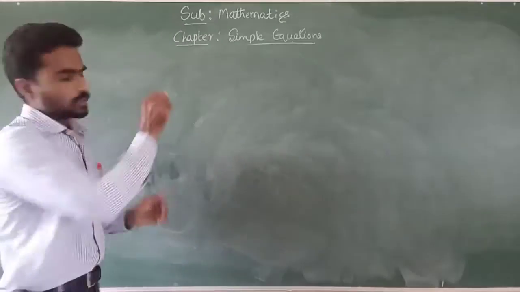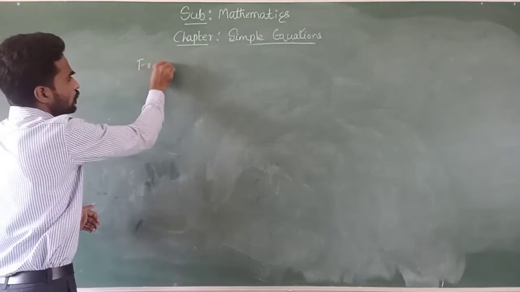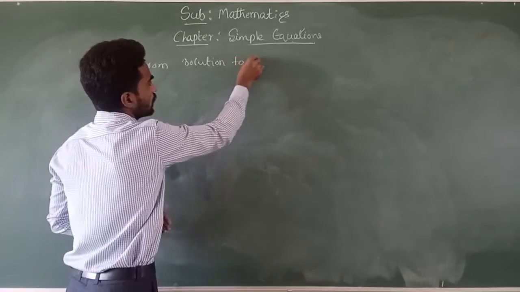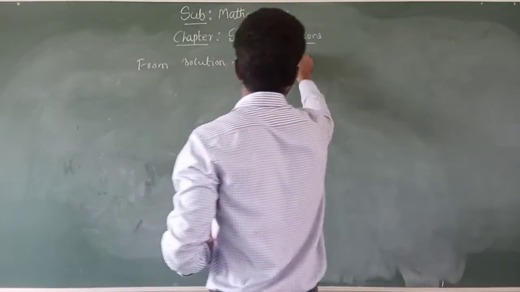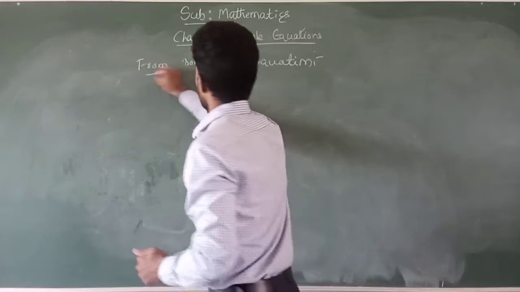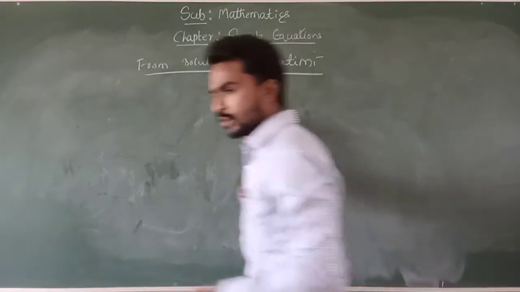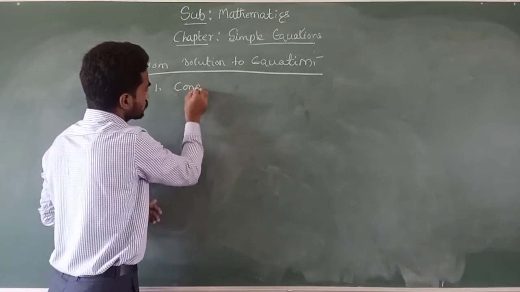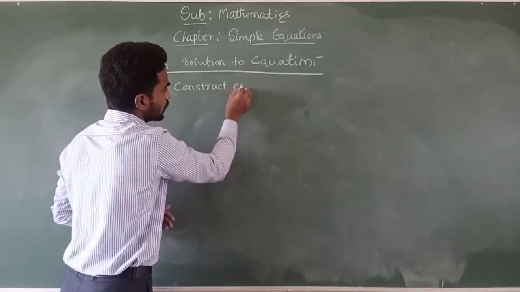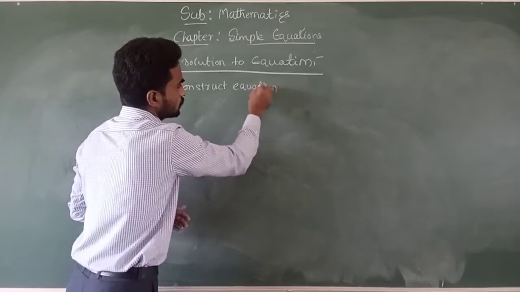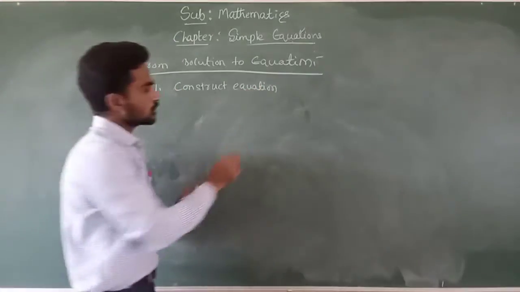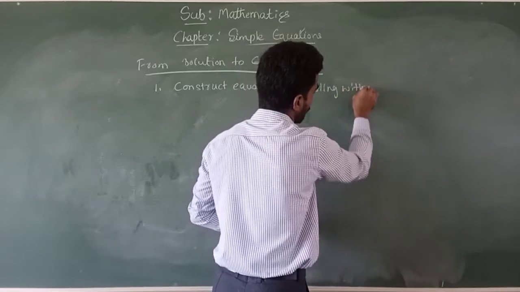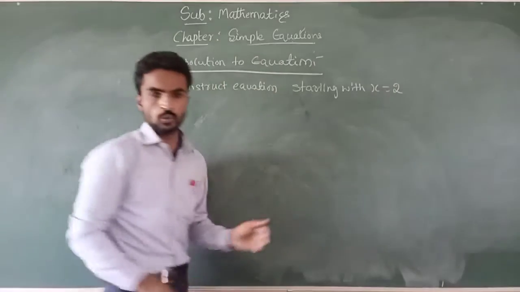Okay, the next method is from solution to equation. From solution to equation, first question: construct an equation starting with x is equal to 2.